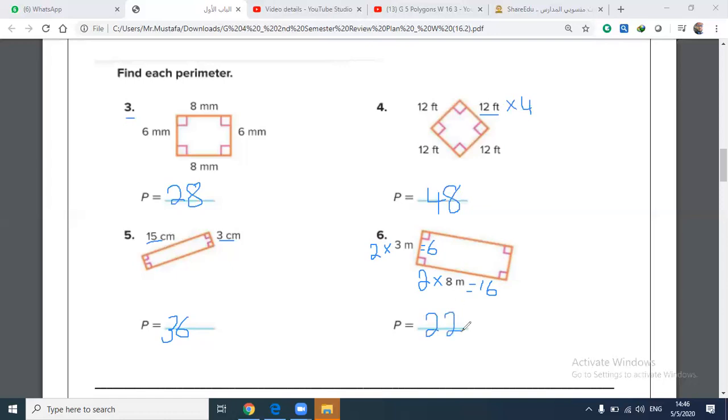I think it's easy to find the perimeter for a rectangle or square.